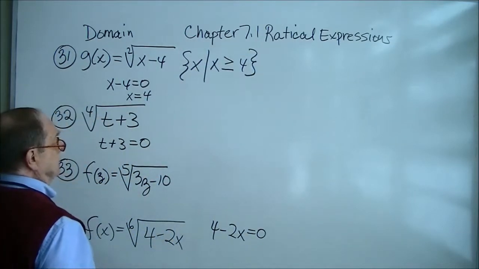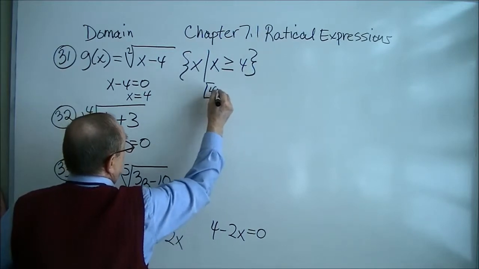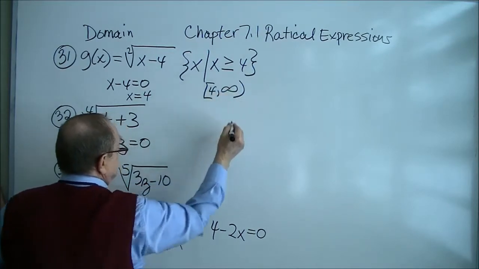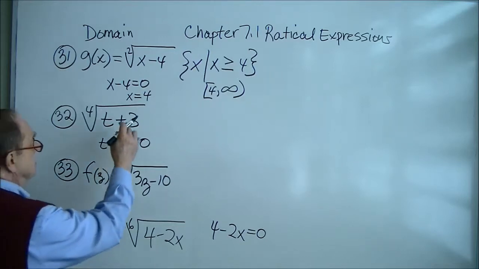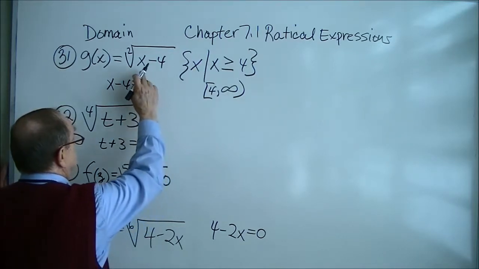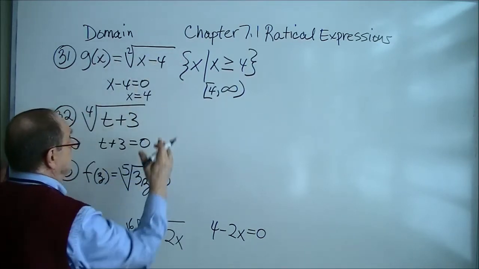Now for interval notation. Well, you're going to have a bracket at 4 and up to positive infinity. So again, if the number were less than 4, like 3, this would be a negative 1. You can't have that.